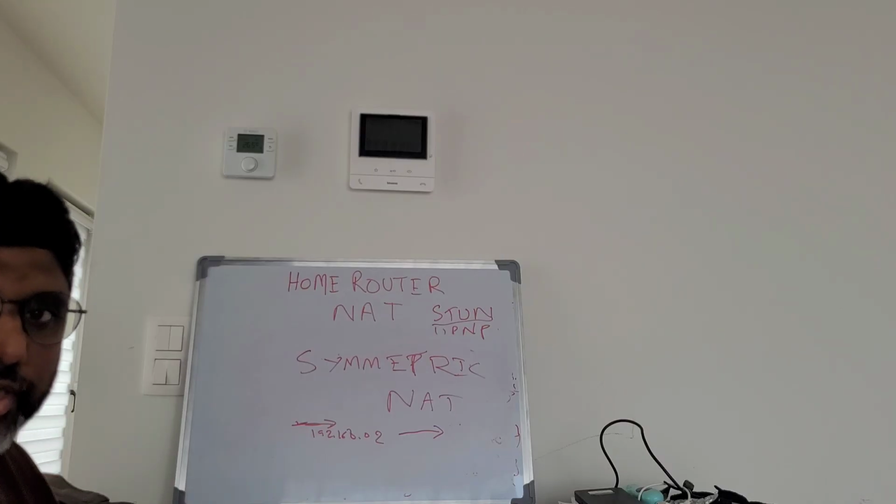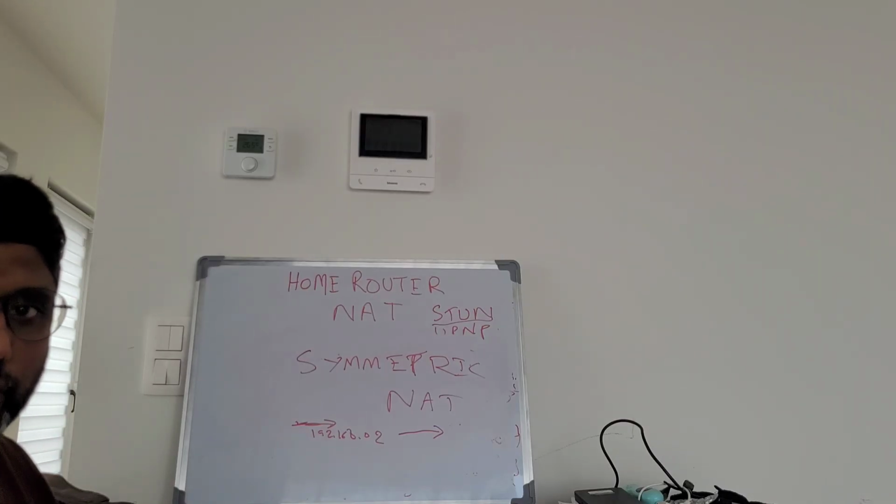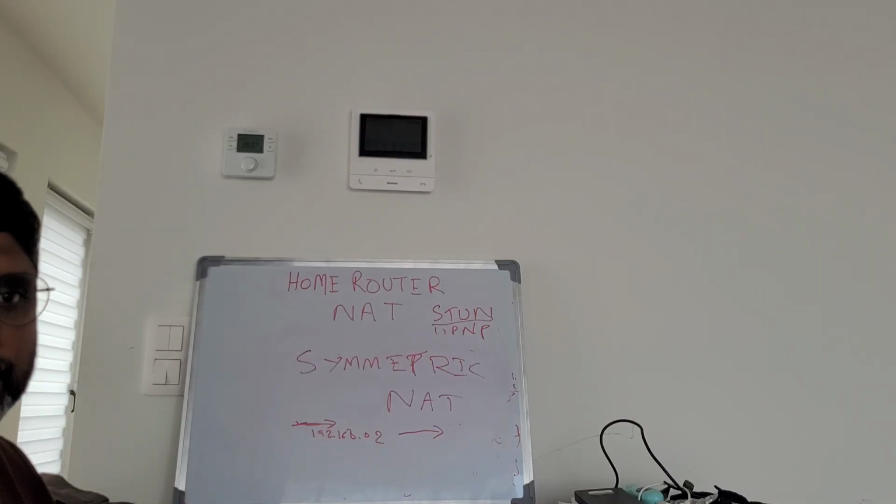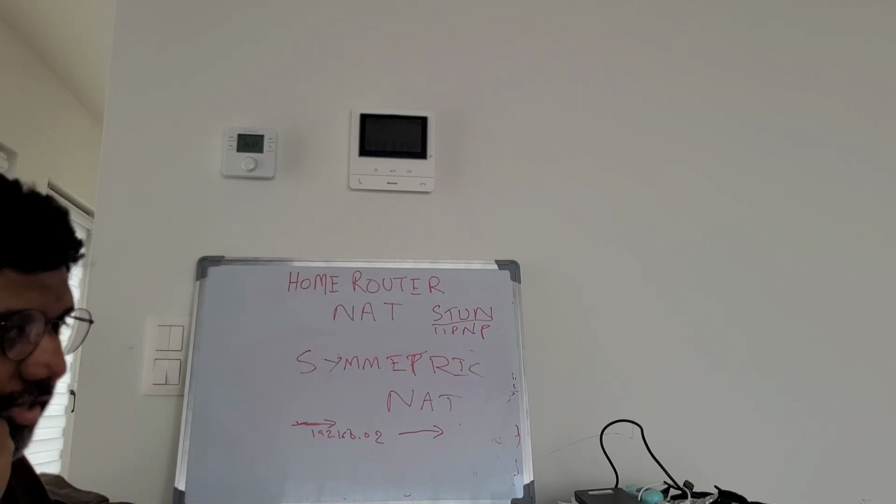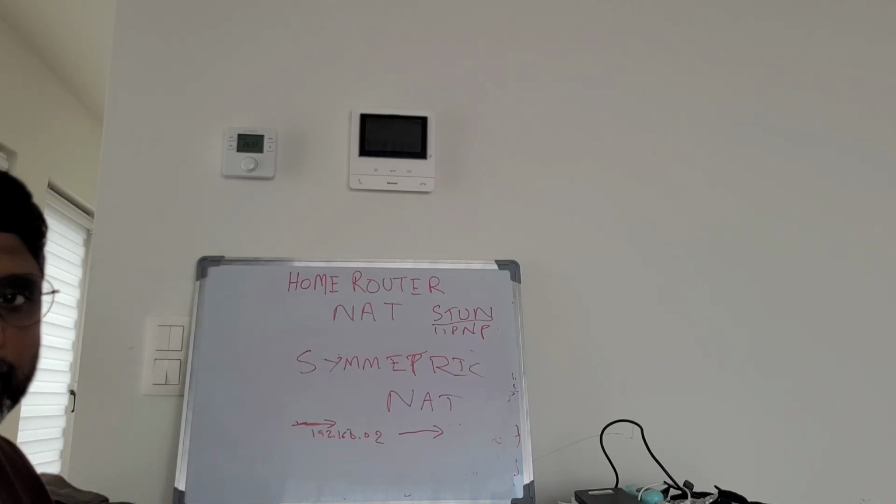With respect to NAT behavior, we have full cone NAT, where there is no need for the internal client to use the mapping to communicate to the external client. The external client can directly use that mapping to communicate to the internal client. No need for the internal client to start the session. Then there is restricted address cone type, where at least in the mapping, the address should have been used by the internal client to communicate to the external.